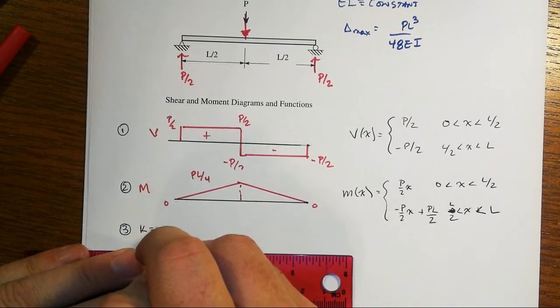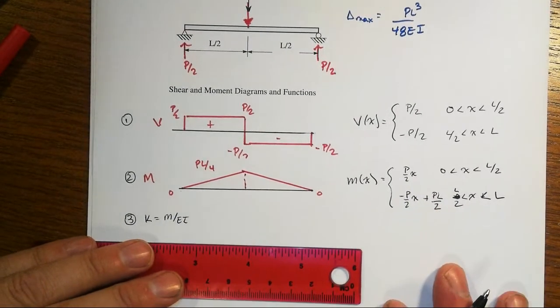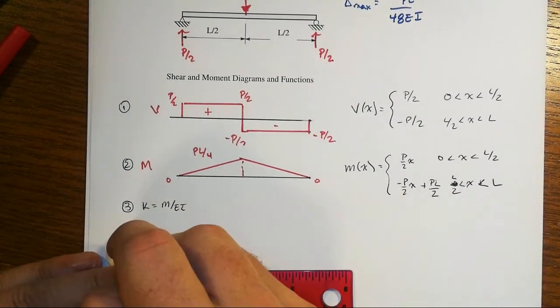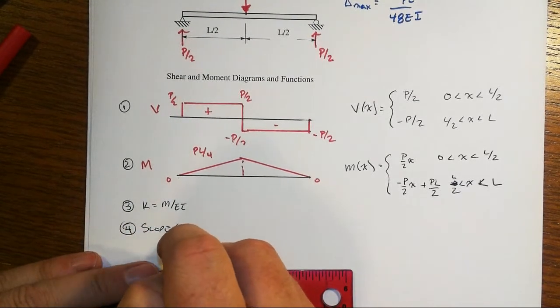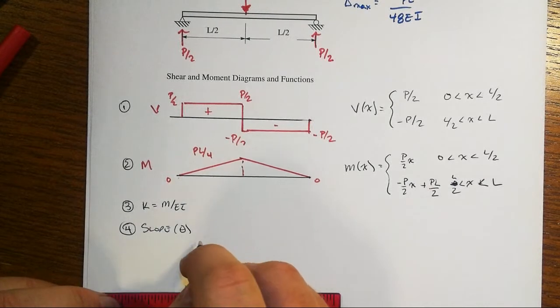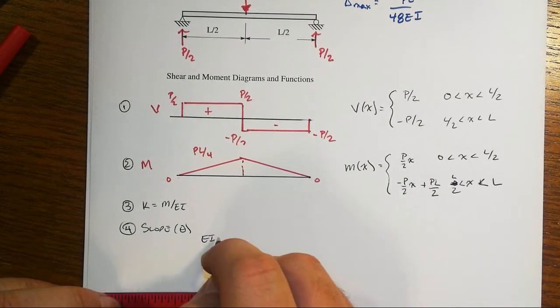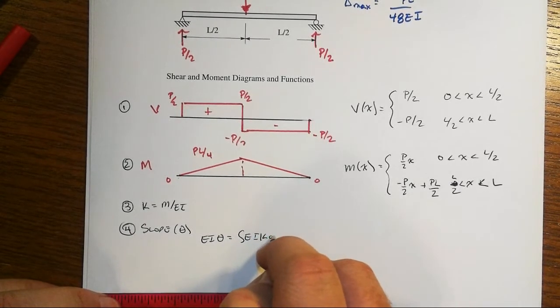Right, so kappa equals M over EI. I'm not going to repeat all of those because that's kind of a pain just to rewrite all that. And then 4, let's find the slope. Now instead of the slope itself, because EI is constant, I'm going to make this a little bit easier. EI theta equals the integral of EI kappa.